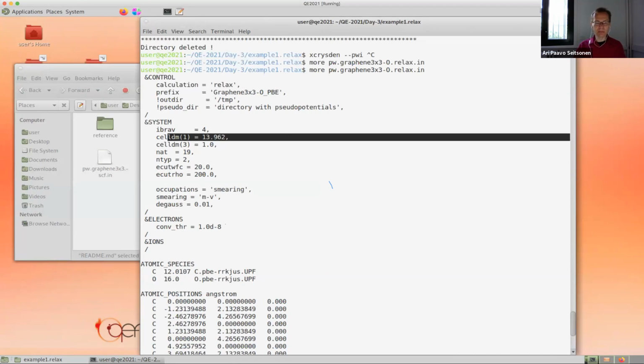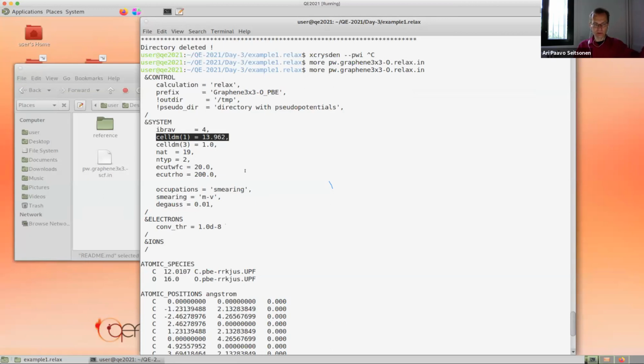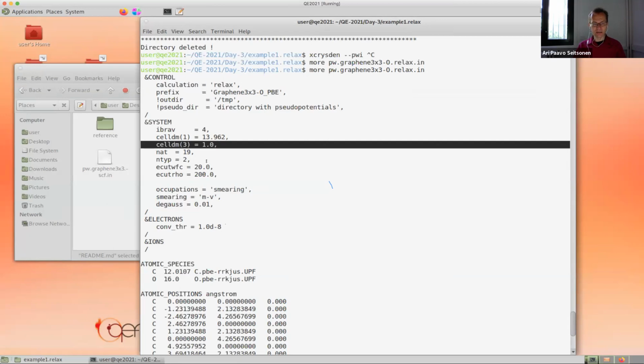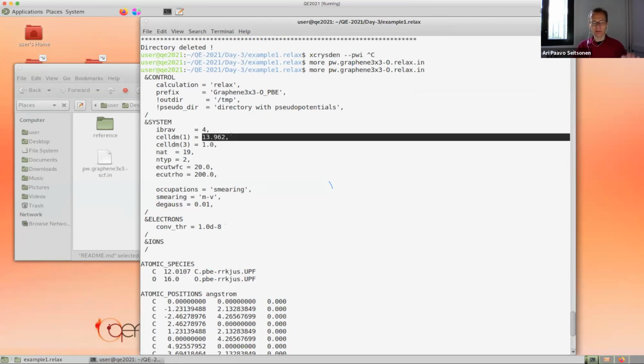Now we had to multiply the lattice constant in the hexagonal case by 3, because we have 3 unit cells, and then at the same time we divide this third cell dimension, which was the C over A, by 3, because the A was multiplied by 3, so we can divide this C over A ratio by 3. So now the distance actually remains the same between the planes.